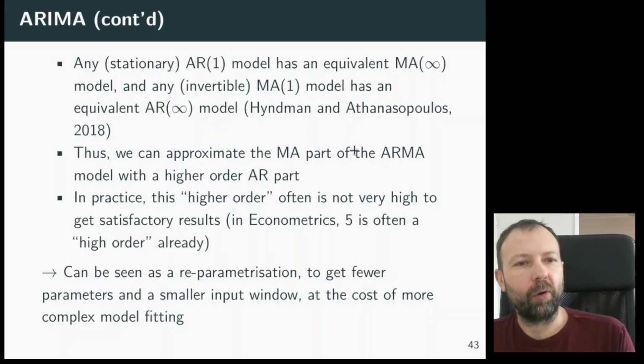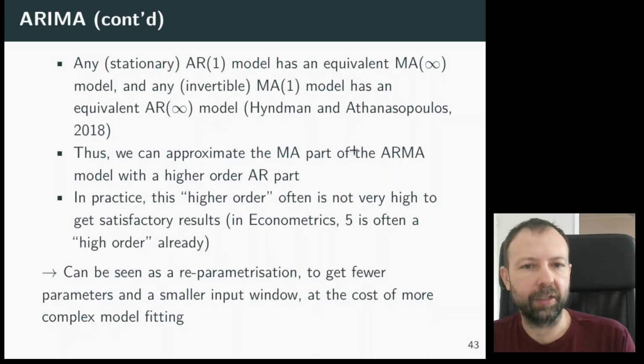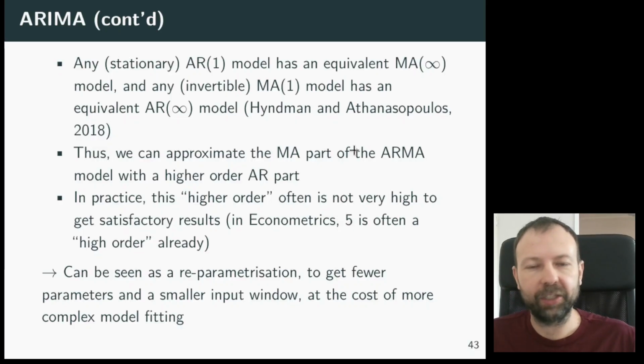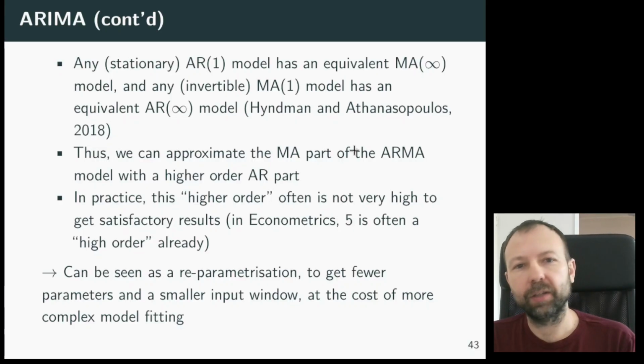So I see ARMA more as some sort of reparametrization to get fewer parameters and a smaller input window. But it's at the cost of more complex model fitting. So if you have a very long time series, there's really no point in fitting ARMA. Just fit an AR model with a very large input window. It will fit so much faster and it will give you very similar results.